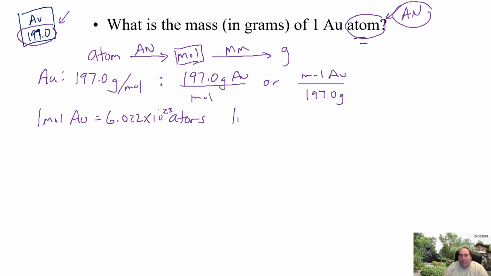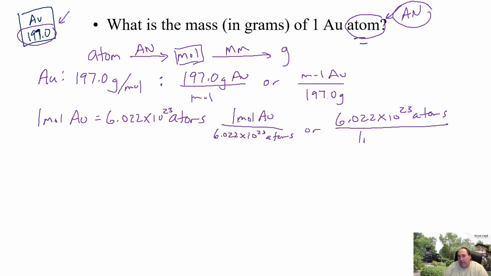We got 1 mole of gold is 6.022 times 10 to the 23 atoms. Or we could throw Avogadro's number up there on top, 6.022 times 10 to the 23 atoms is 1 mole.